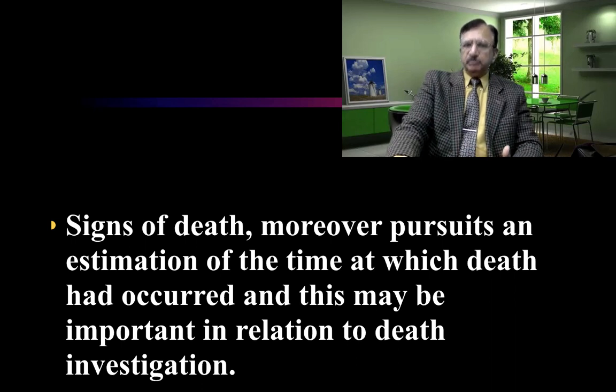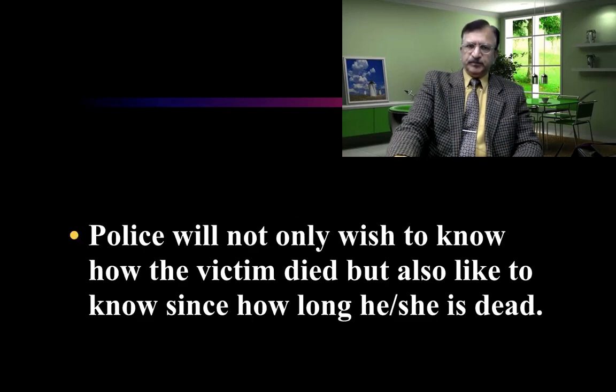And this may be important in relation to death investigation. Police will not only wish to know about the cause of death, that is, how the victim has died, but also will like to know since how long he or she is dead.